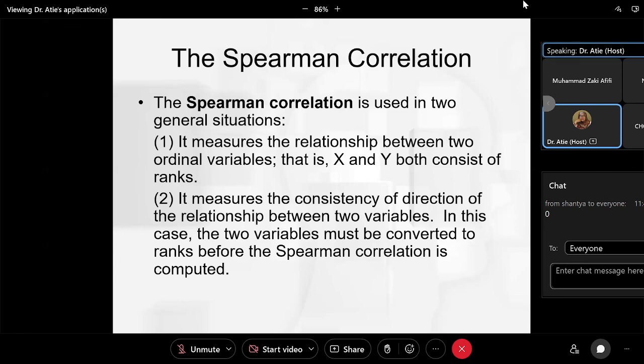Spearman correlation can be used when your X and Y are not quantitative data, but consist of ranks. It measures the consistency of direction of the relationship between two variables. You have quantitative data, but you need to convert it to ranks, and only then can you use this type of correlation.